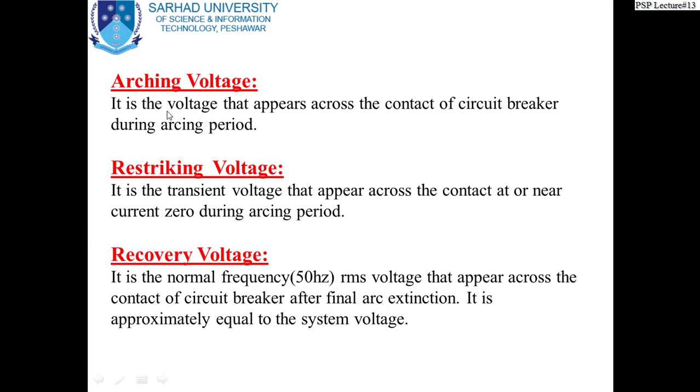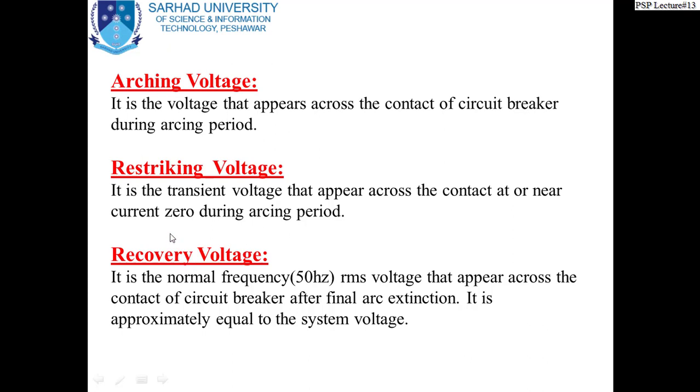So now these are simple definitions. Arcing voltage is the voltage that appears across the contact of the circuit breaker during the arcing period. Restriking voltage is the transient voltage that appears across the contact at or near the current zero. See, current is not yet zero, but it is going to be zero during the arcing period.